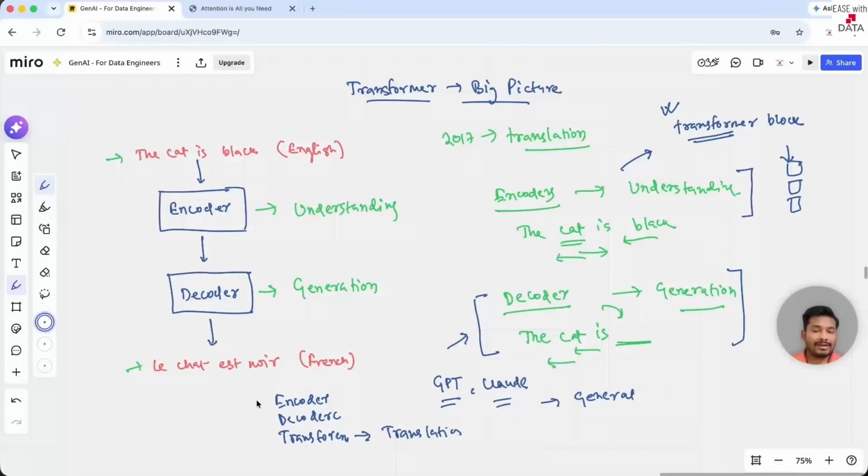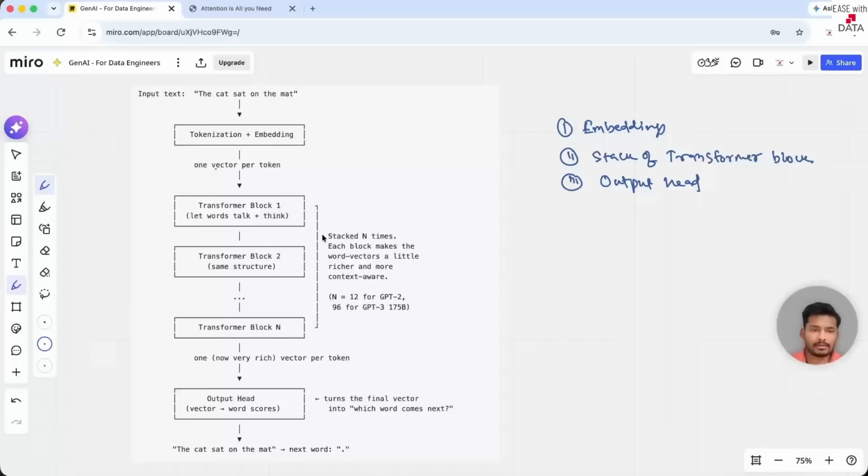So if you want to understand something, models like BERT use encoder. If you want to generate something, like GPT, they use only decoders. And if you want to do translation, you use a transformer which consists of both blocks, encoder and decoder. And these are the three families of models that are available today.